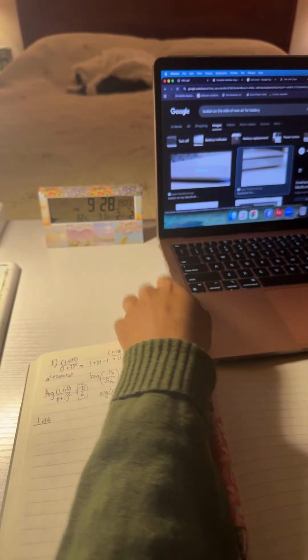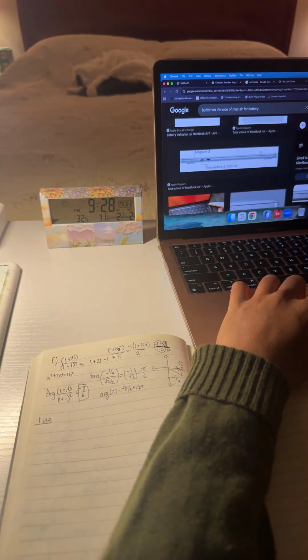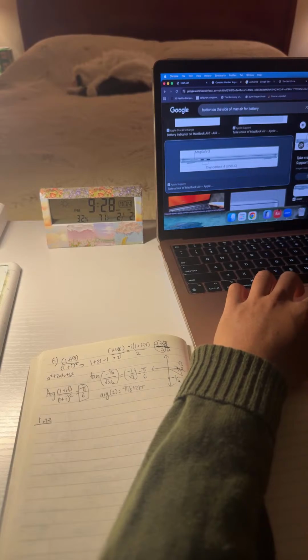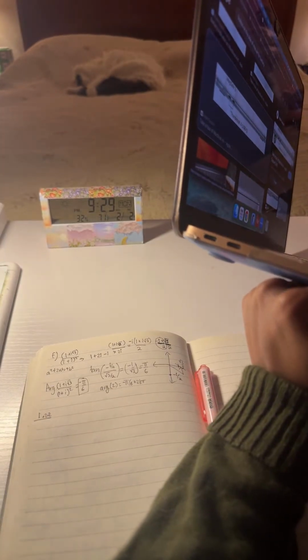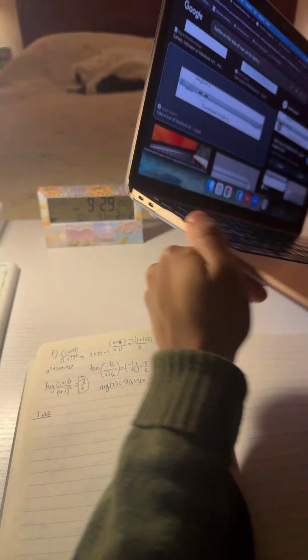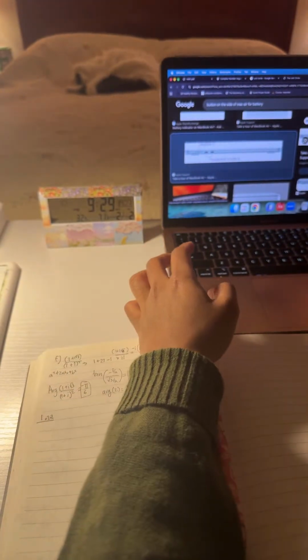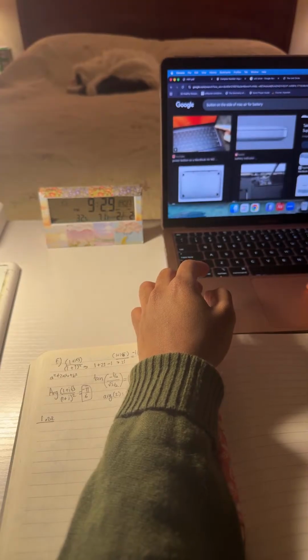Which side is that on? I don't have that on my laptop actually. Oh, it's right there, right? It's actually not on here. I don't think the laptop here has this. I do remember seeing something like that on my old laptop.